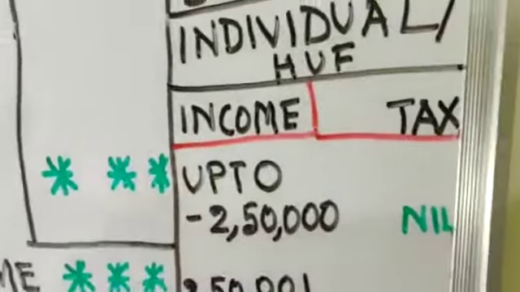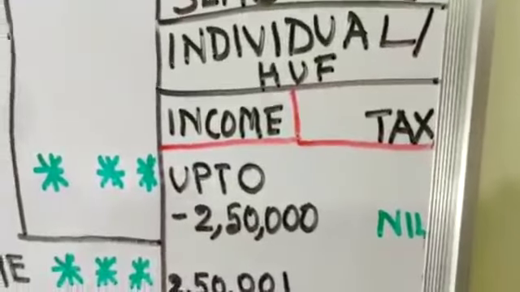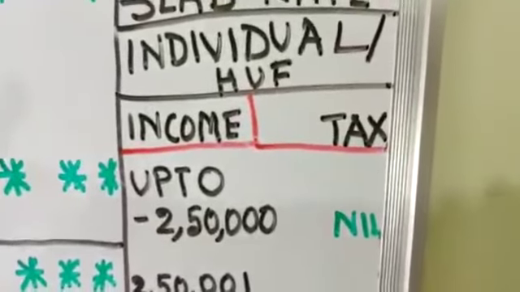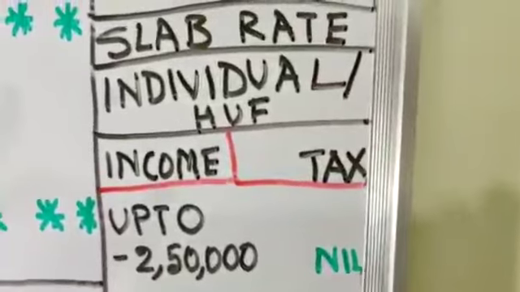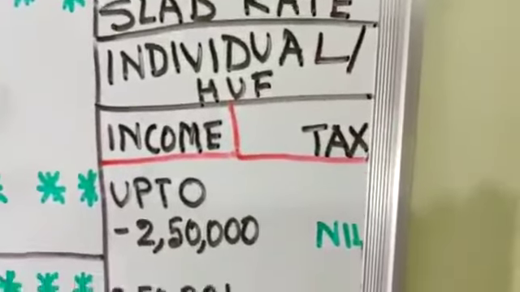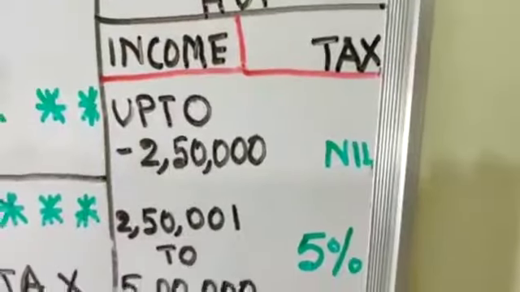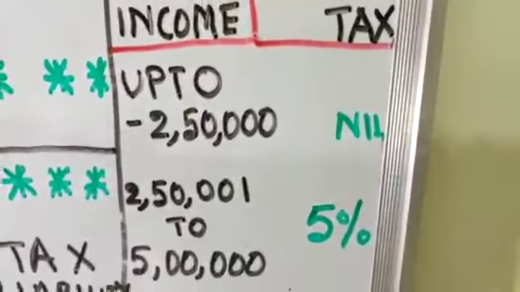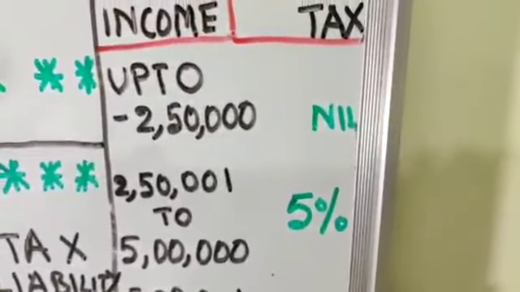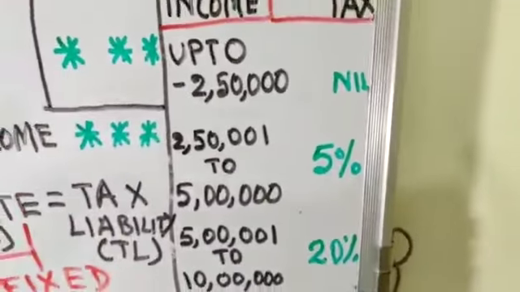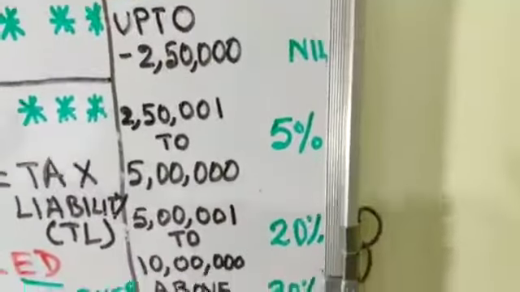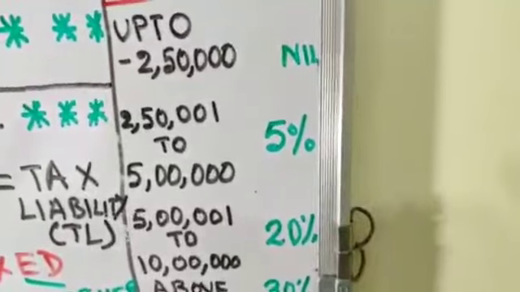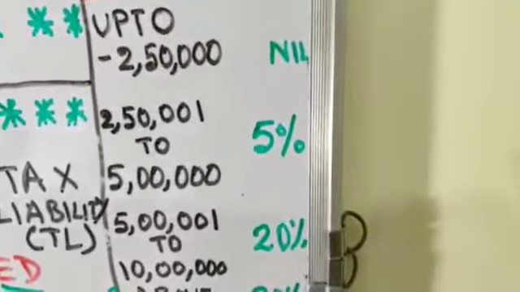If my taxable income is up to 2,50,000, then my tax rate is nil if slab rate is applicable to me. If my taxable income is between 2,50,001 to 5 lakhs, then my tax rate will be 5%. If my taxable income is 5 lakhs to 10 lakhs, then tax rate will be 20%.